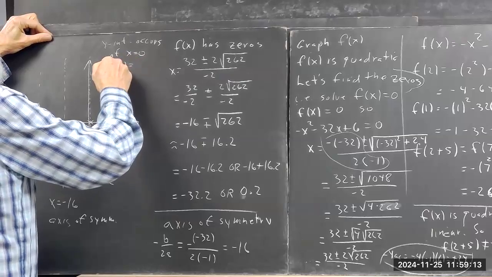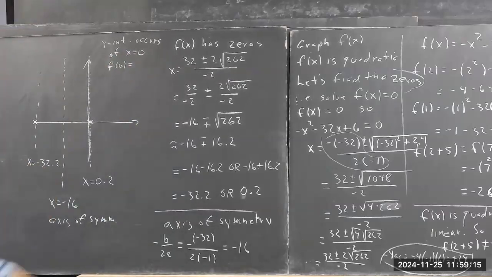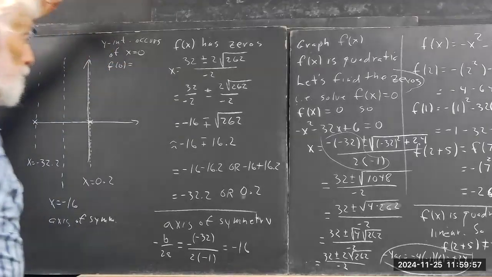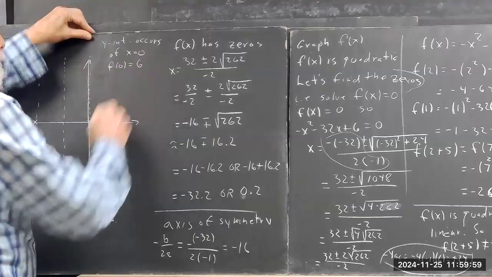Now, what's f of 0? Write it down on your paper and circle it, a big dark circle, so I can see what you're saying. Okay, so f of 0 equals what? Well, it equals 6. Everybody got that.